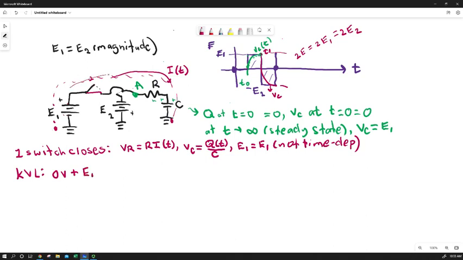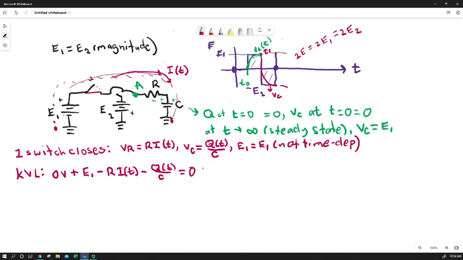Then current's flowing in this direction, so we're going to experience a drop in voltage equal to the current, whatever it happens to be at that time, times R. So this is going to be minus R times I, which is of course a function of T. Then we're going to drop voltage over the capacitor. How much are we going to drop? Well, it depends on how much charge is there, divided by the capacitance. And that brings us back to ground, which is 0.